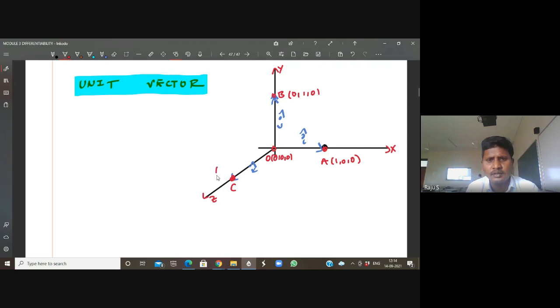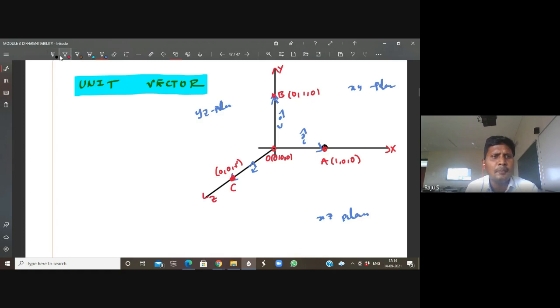This is clearly 0, 0, 1. When I take a point on the xy plane, this is the xy plane. Yes or no, student? This plane involves the x-axis and y-axis, and this plane is the yz plane, and this is the xz plane.